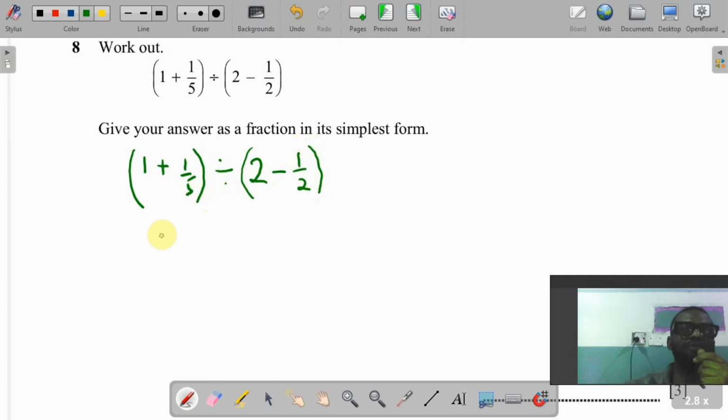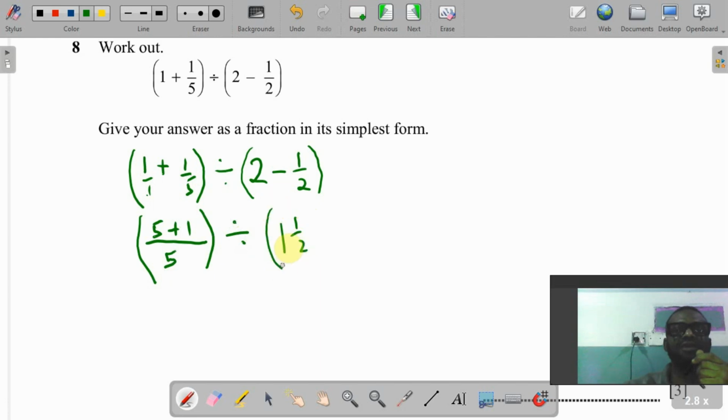The first part is 4 over 1 over... the LCM is 5. So 5 times 1 is 5, plus 1, divided by 2 minus a half, which is 1 and a half.